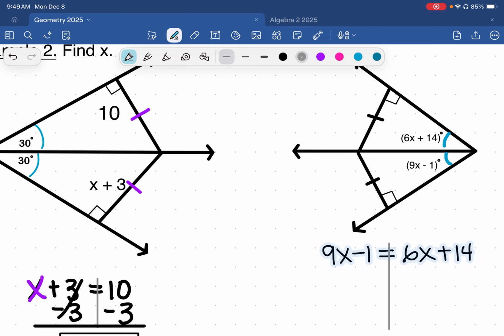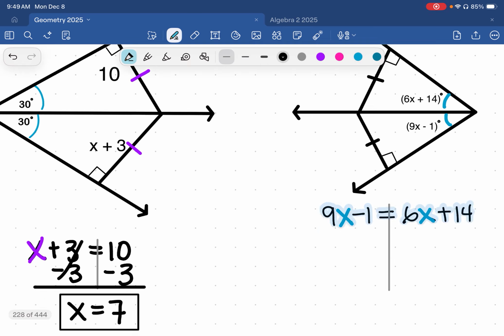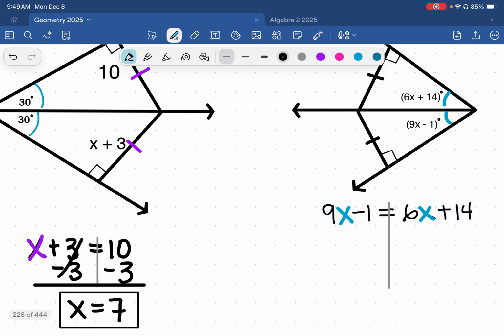But it's fine to do the 6x plus 14 is equal to the 9x minus 1. All right, it's safe to switch them. The x's are on opposite sides, and that's what that gray line is telling me, so I cannot combine them together. I'm going to move the smaller x to the other side by eliminating it.